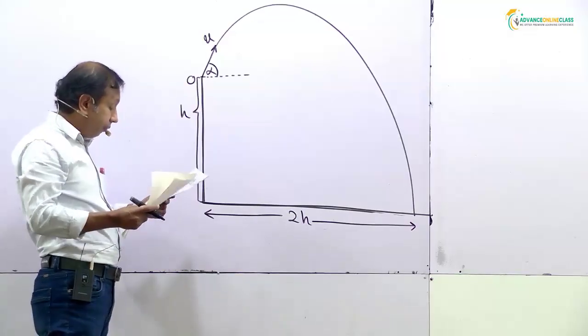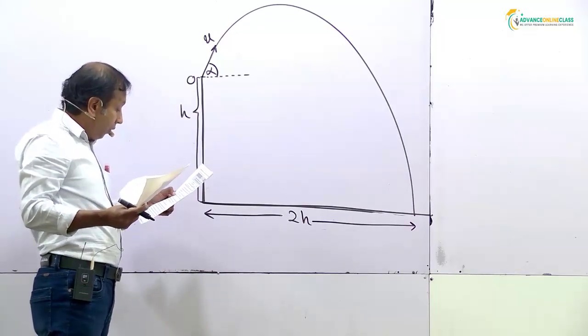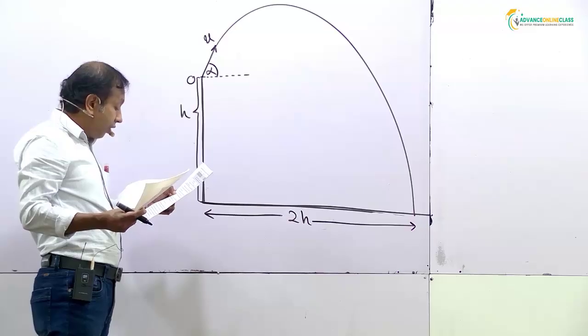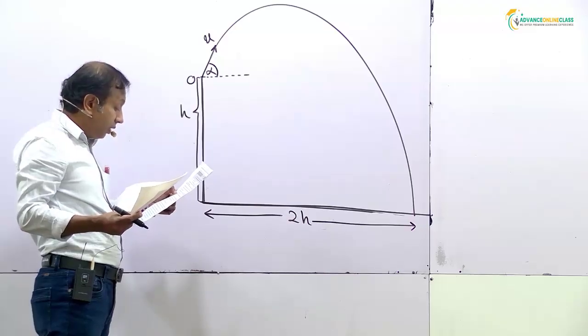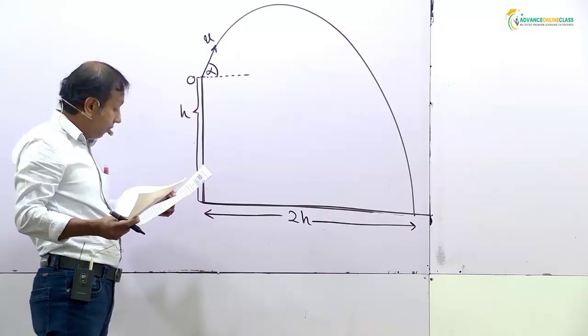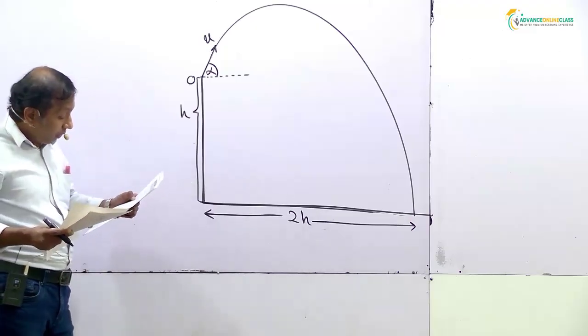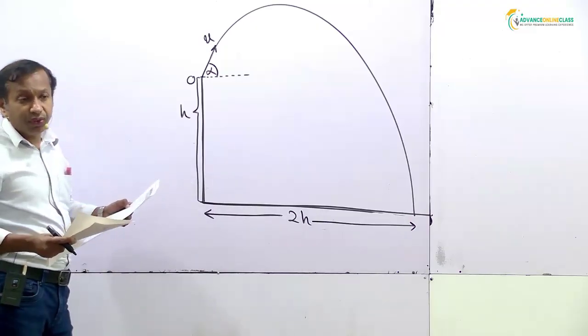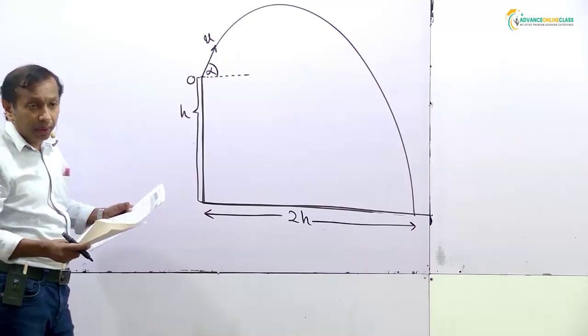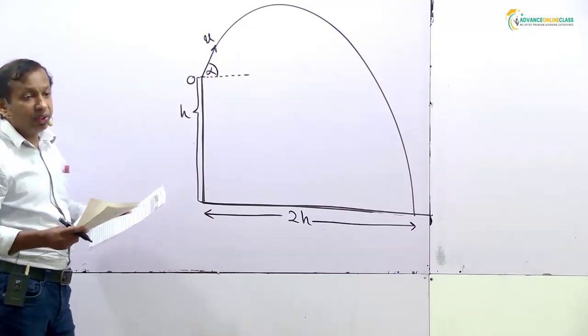After a time t, the angle of elevation of the particle from O is theta. Angle of elevation means always the angle above the horizontal level.